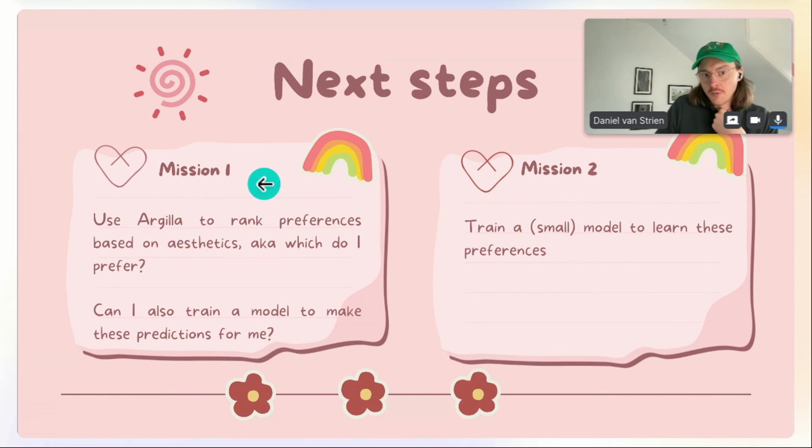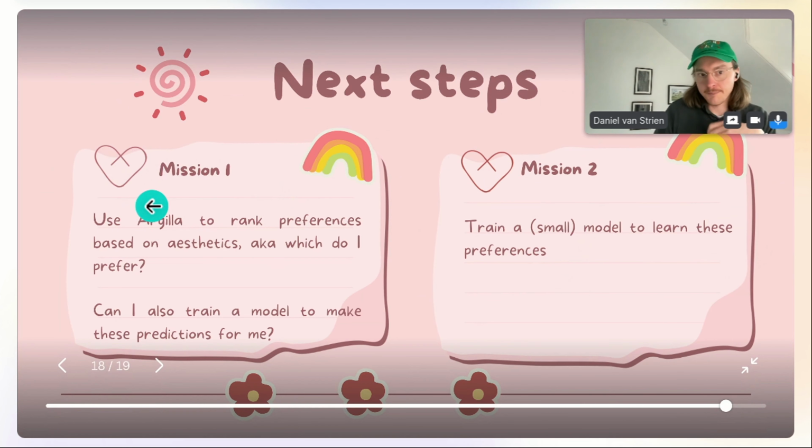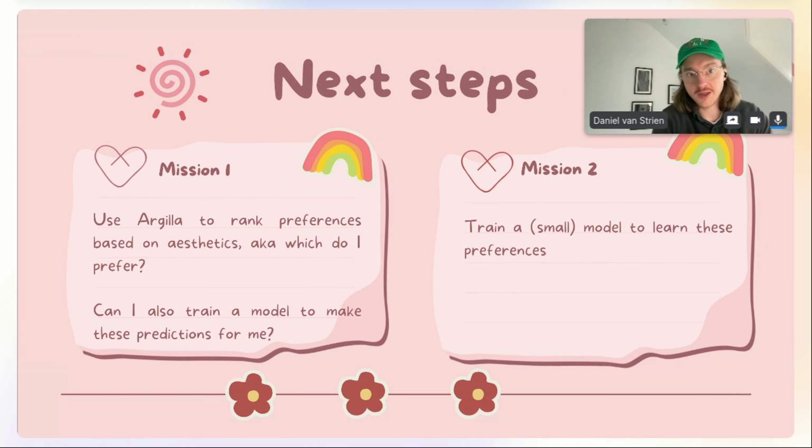So at this point, what I've got to is the point at which I've created this DPO dataset, where the rankings are really based on the scores generated by the Python code. But what I also want to do is get back to this question of aesthetics.